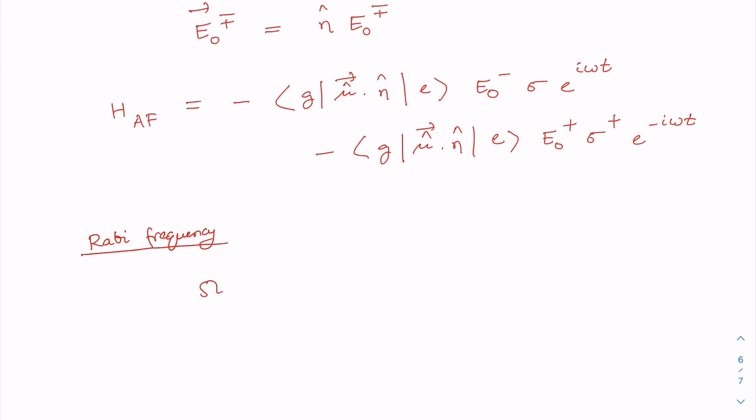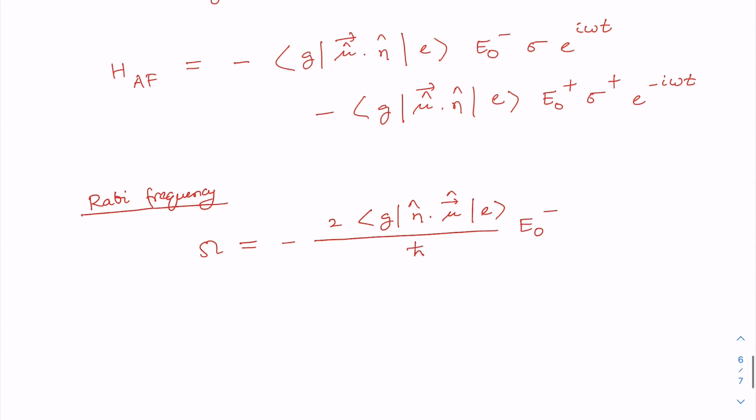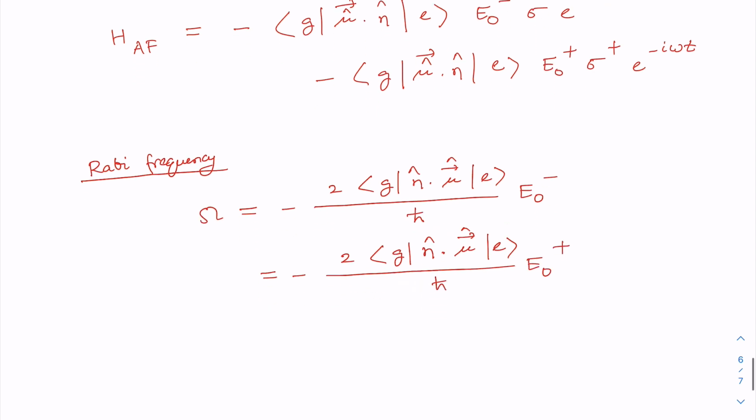It is defined as omega is equal to minus twice the matrix element Z eta cap dot mu E by H cross into E0 minus, which is equal to minus twice the matrix element Z eta cap dot mu E by H cross E0 plus.